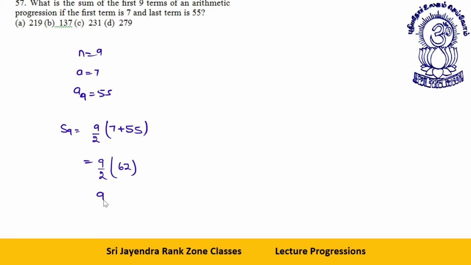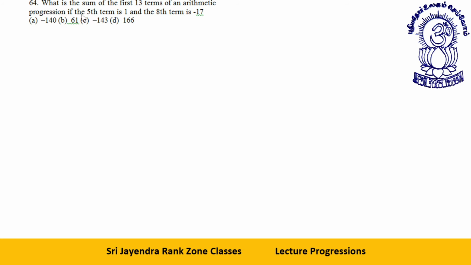That is 9 into 31. That will be 277. So, dear students, this option is, I think, wrong. Let's make option D as 277. Okay. Clear to everyone?